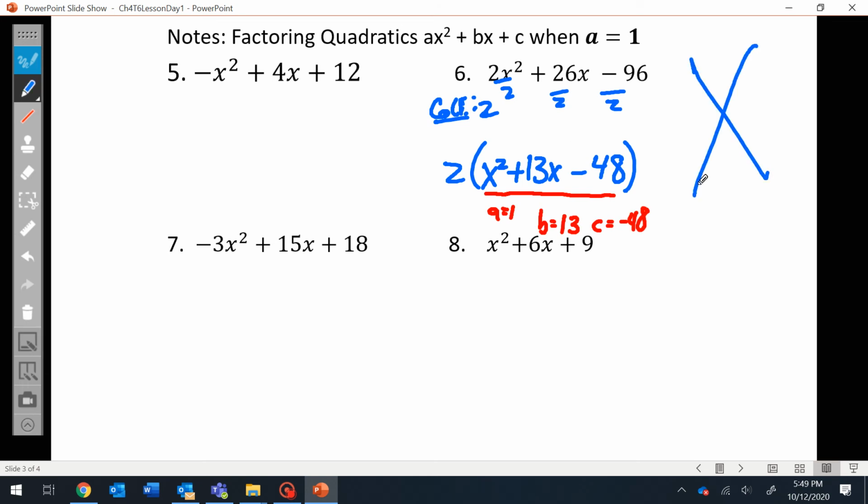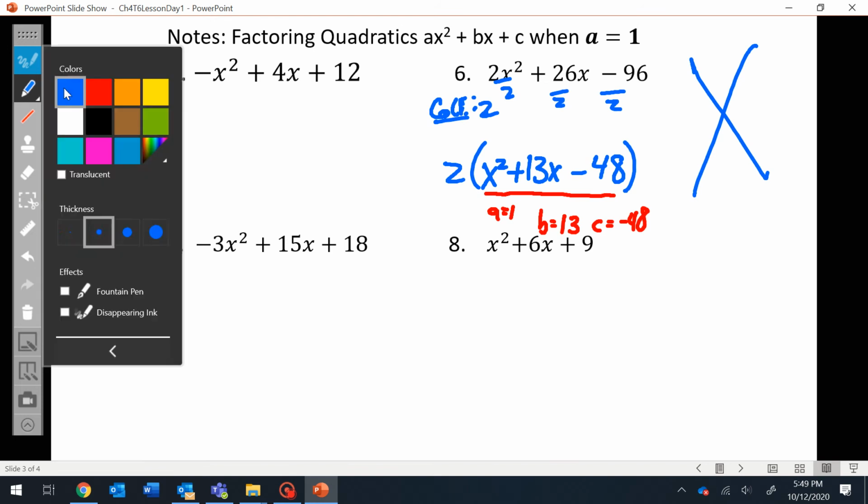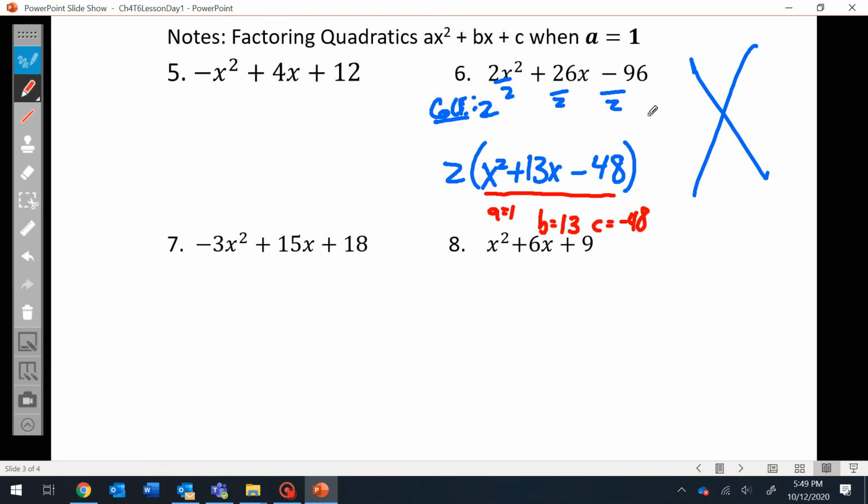I will set up my cross. Up top is a times c, so -48, and the bottom is b, so +13. I'm looking for two numbers that multiply to -48 and add to +13.